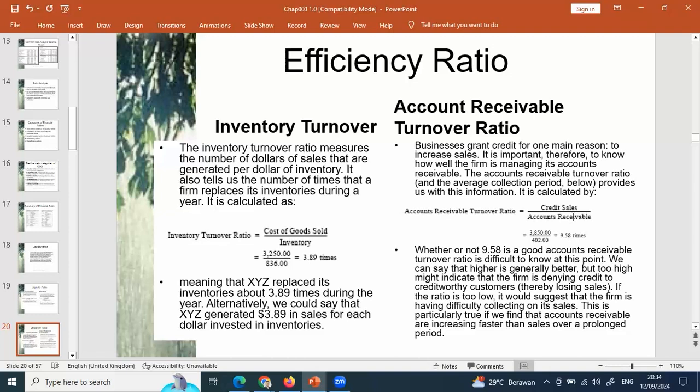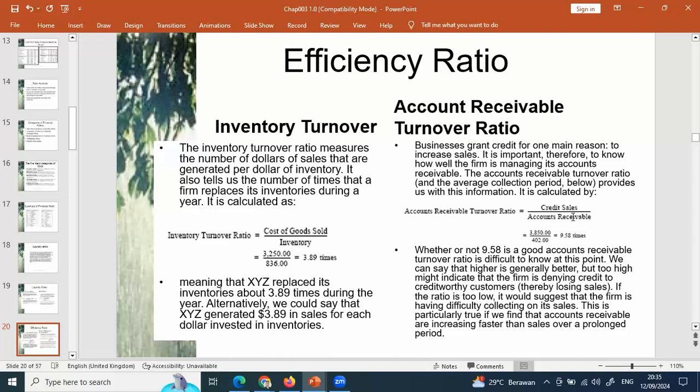Who wants to take down the question? What does it mean? Hi, Pak. I think I cannot answer your question right now. But I have a question related to your calculation about the inventory turnover ratio.